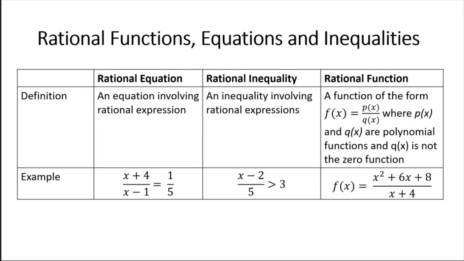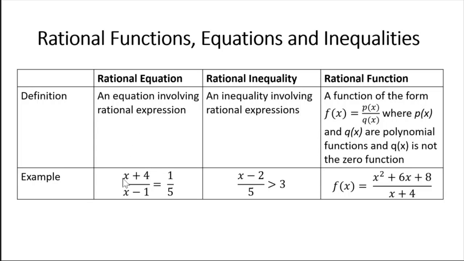Then let's try to define rational functions, equations, and inequalities. So what is a rational equation? A rational equation is an equation involving rational expressions. Earlier we discussed what a rational expression is.